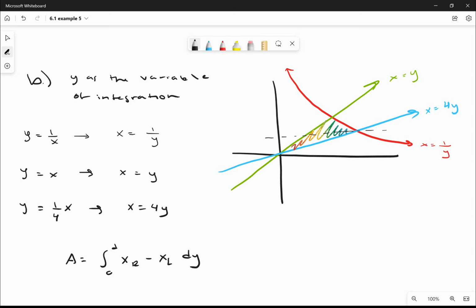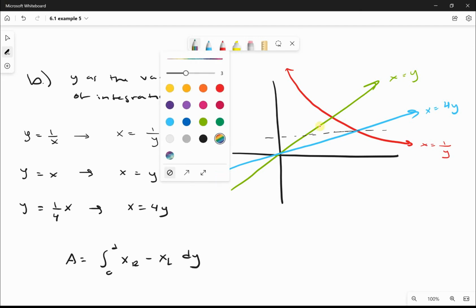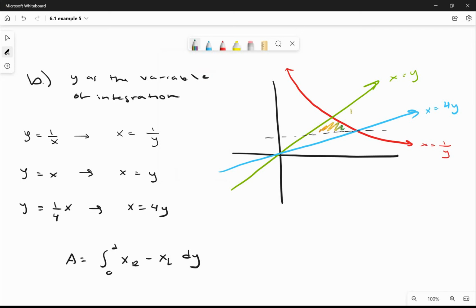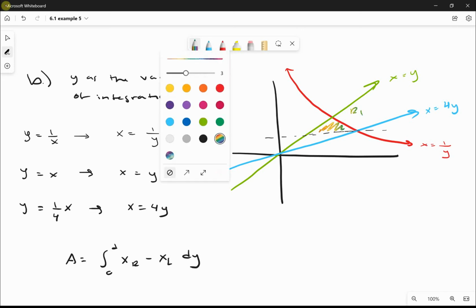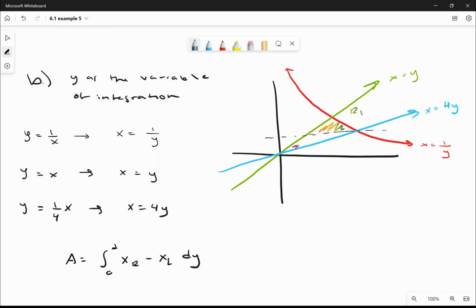So that's where we want to segment this region. Okay, so we have this region 1, and then this region 2.